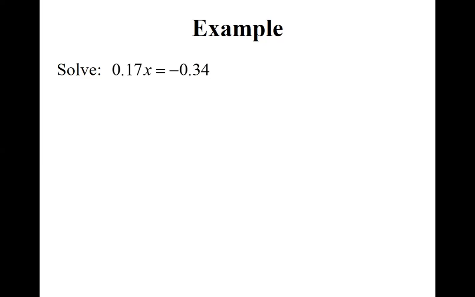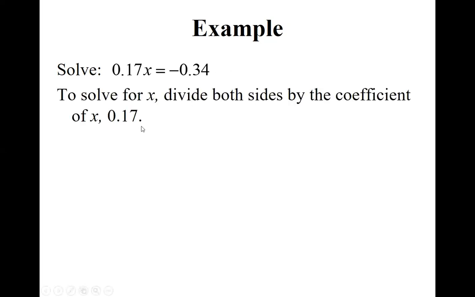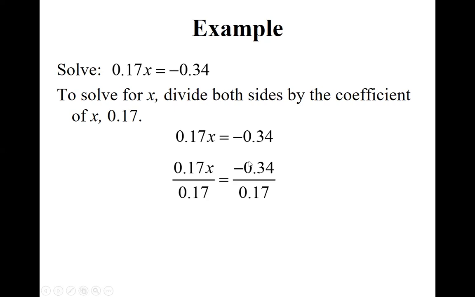0.17x equals negative 0.34. We want to get the x by itself. We want to undo multiplying by 0.17. We divide both sides by 0.17. So divide both sides by 0.17 just leaves us with x on the left.